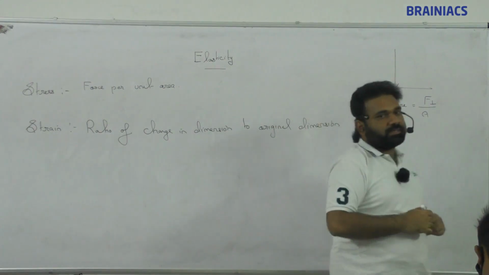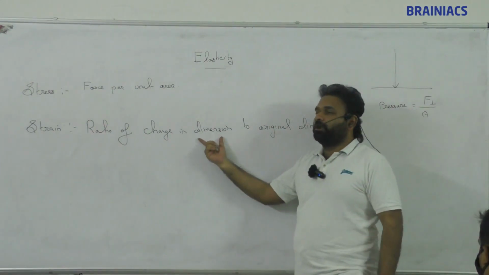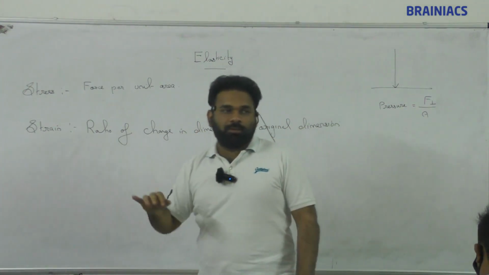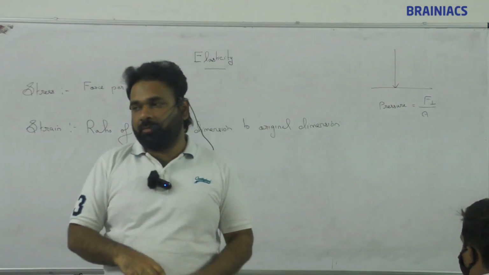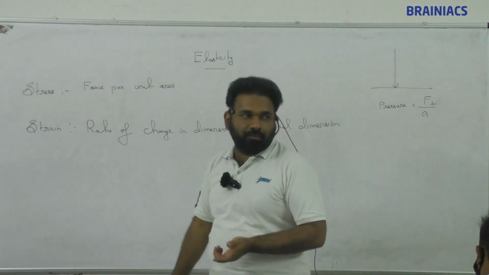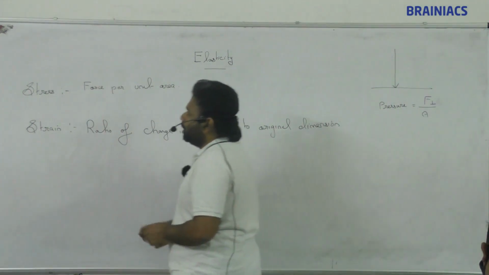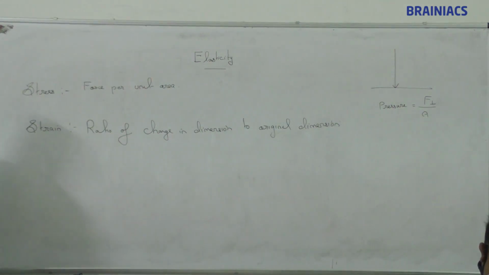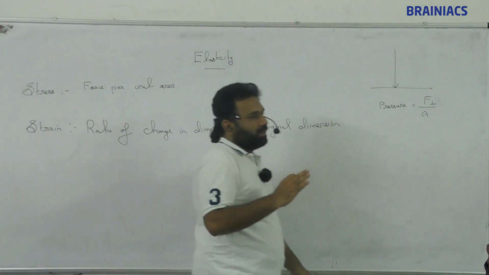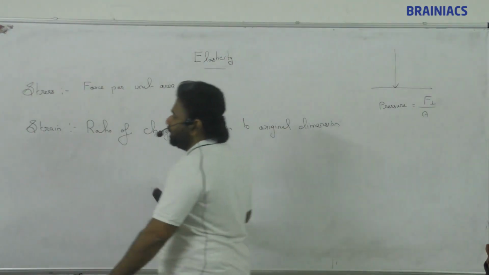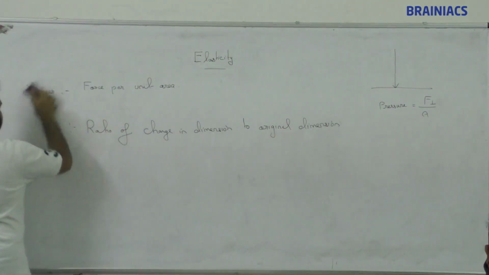Dimension is a general word. This dimension can be volume, area, or length, likewise. Clear? So here we study about three types of stress and three types of strain.